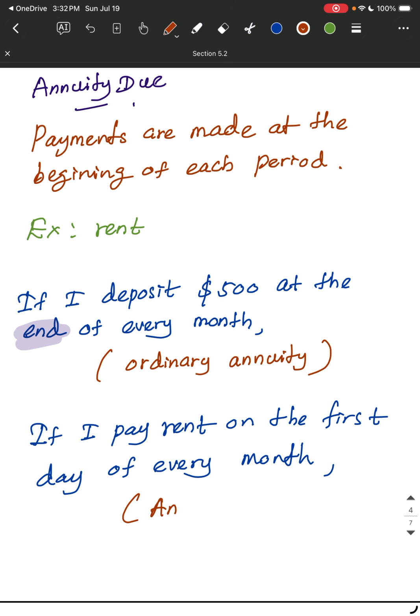I hope now you can distinguish between an ordinary annuity and an annuity due.